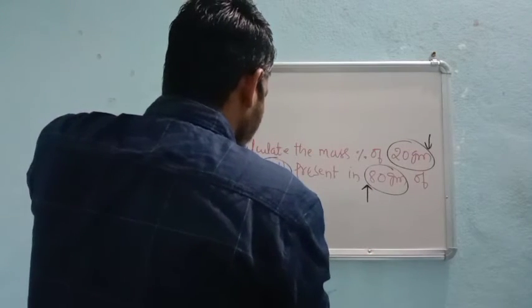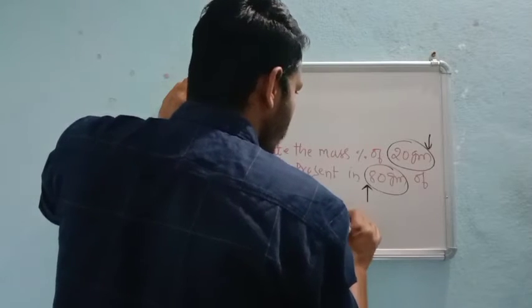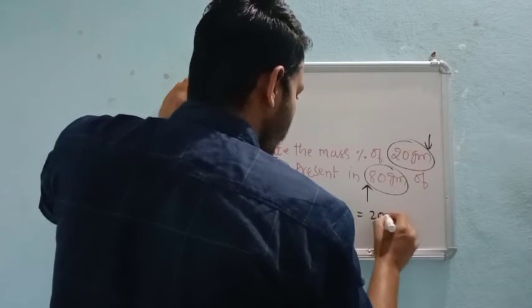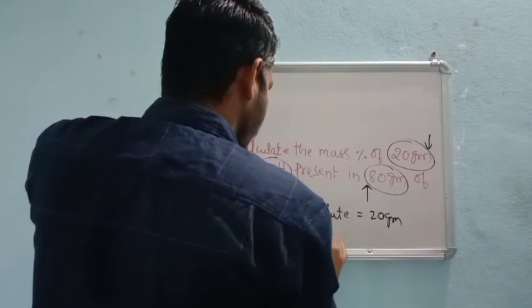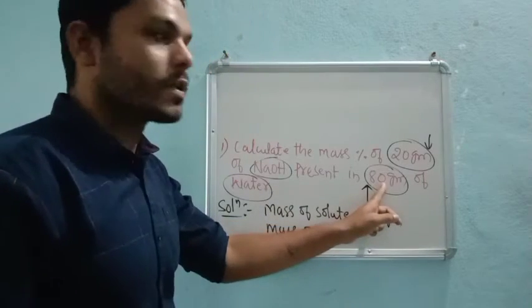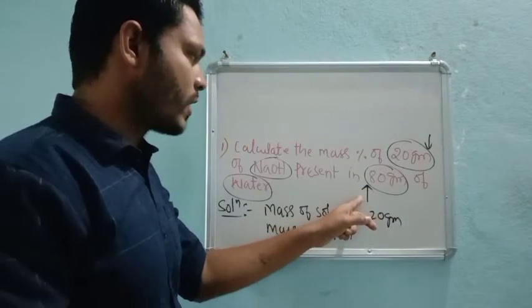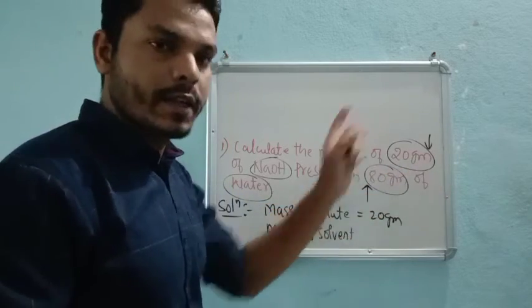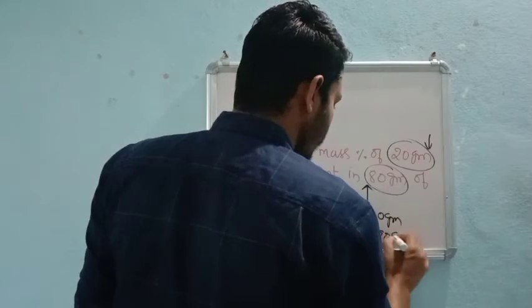Mass of solute is equal to 20 gram, and mass of solvent is 80 gram.